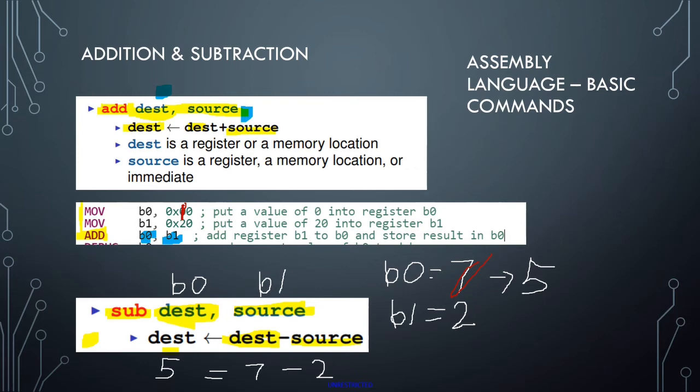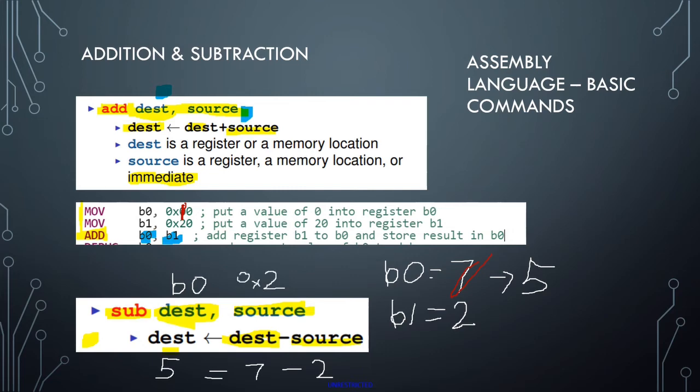It's pretty straightforward. Both of these don't have to be registers. Of course, your destination should be a register, but look back up at where the addition is. The same rules apply here. Your source can be a register, a memory location, or intermediate. Intermediate is just an integer value. So when we're subtracting, we could have plugged in a 2 directly.